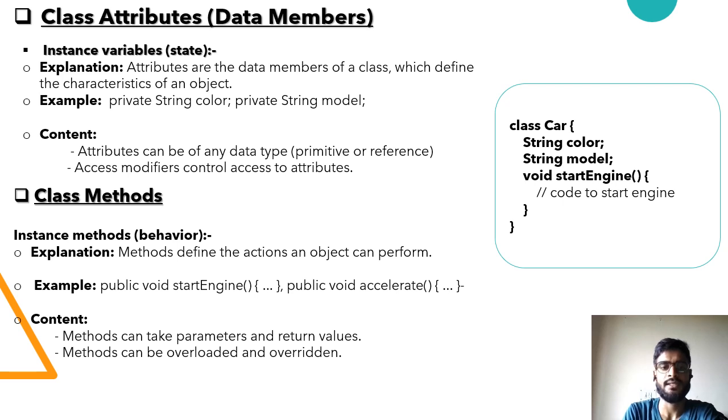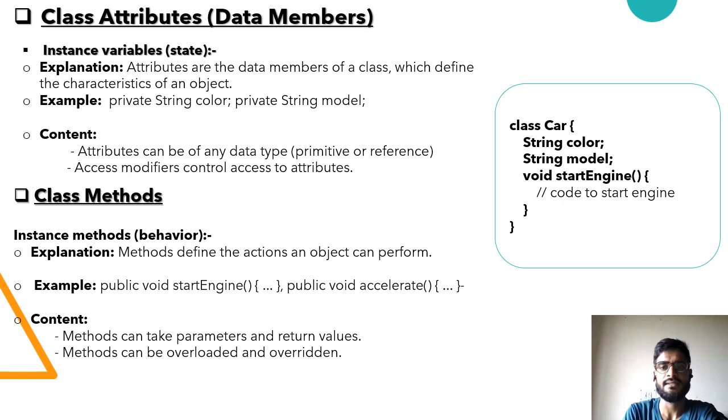These two, startEngine and accelerate, define the methods or behavior of an object, either maybe an engine or a vehicle. Methods can take parameters and return values. Methods can be overloaded and overridden.